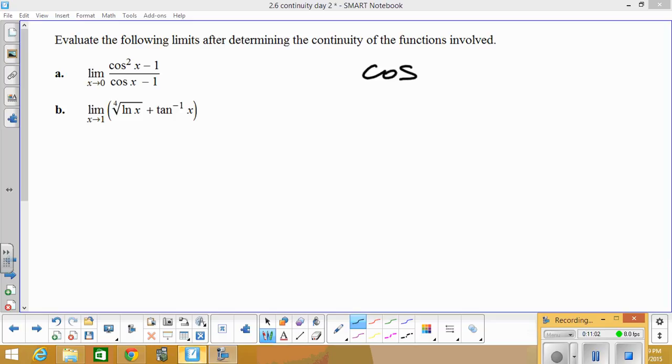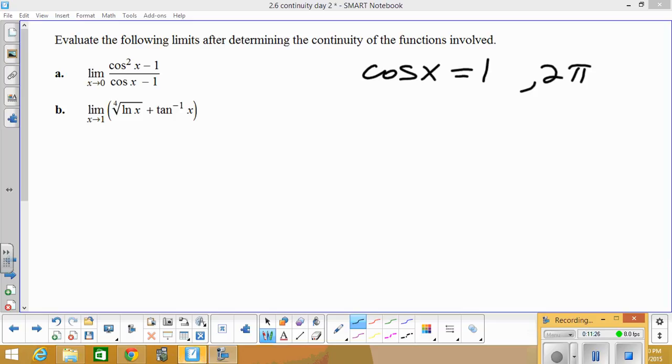We can have cosine x. If we add 1 to both sides, there would be an issue when cosine of x equals 1. And that happens in all multiples of 2 pi. So if that's the case, we can't have any multiples of 2 pi; they are points of discontinuity.